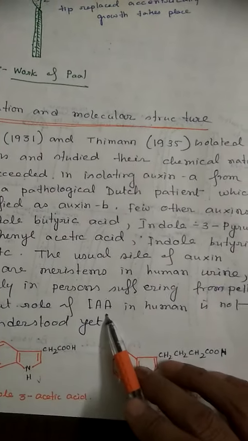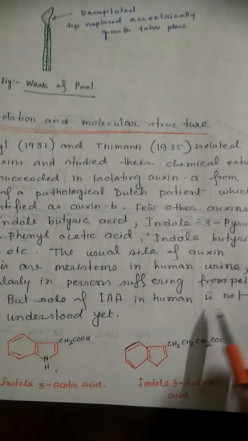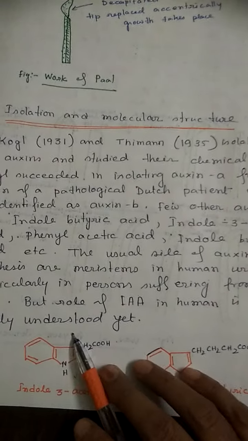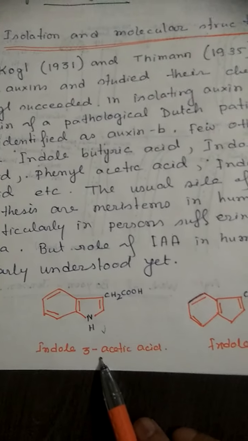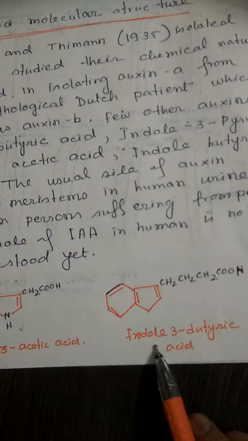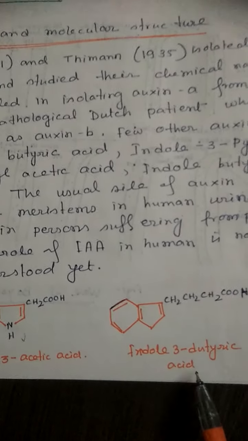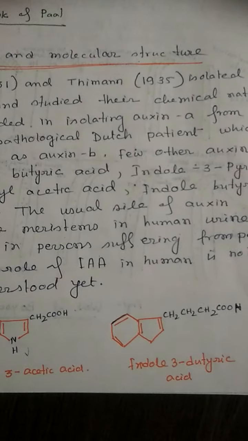But the role of indole acetic acid in humans is not clearly understood yet. This is the chemical structure of indole 3 acetic acid and indole 3 butyric acid. I have given you only a few of the structures.